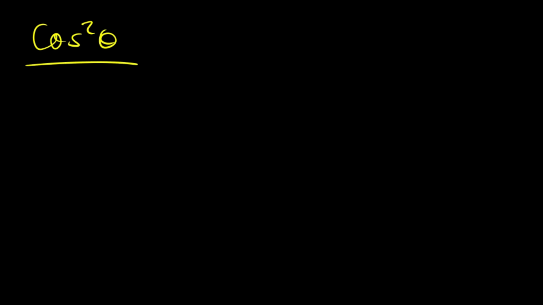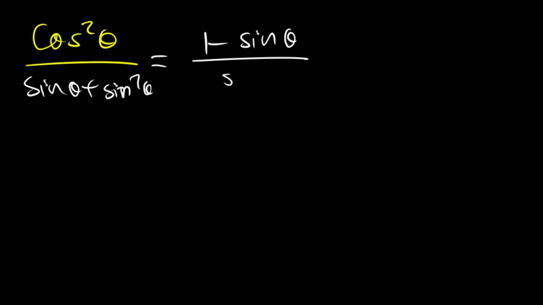Prove that this plus sine squared theta is equal to 1 minus sine theta. Even if you don't know how to prove identities, this is the simplest identity I've ever come across.